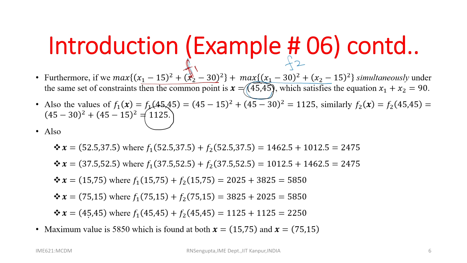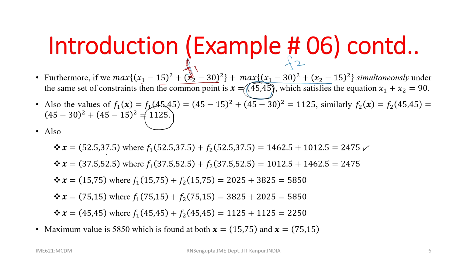If I do that, for the case of combining them and finding the values at 52.5, 37.5, it comes out to be 2475.